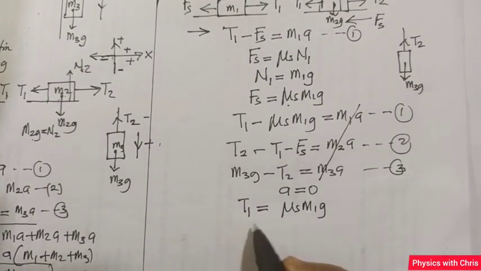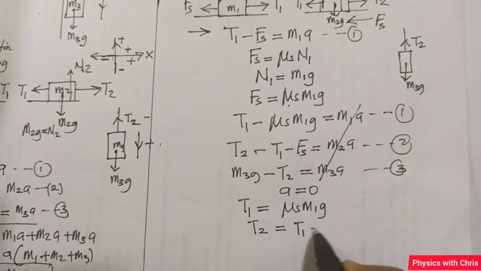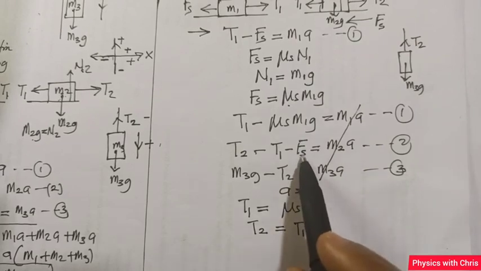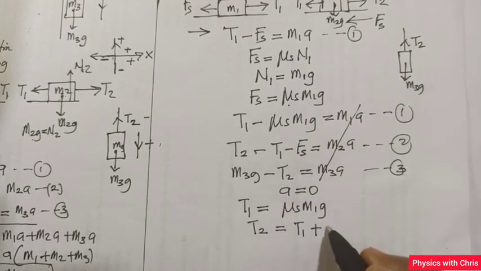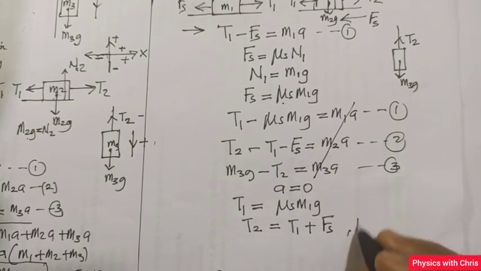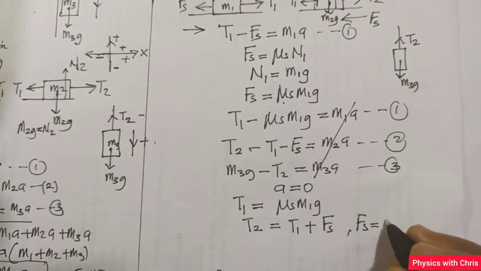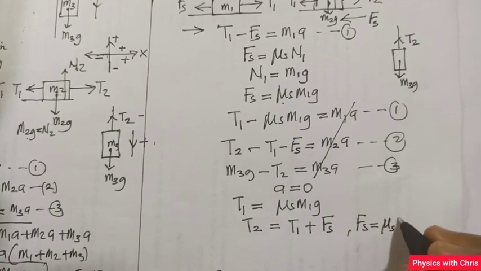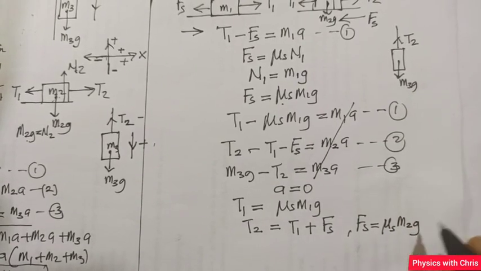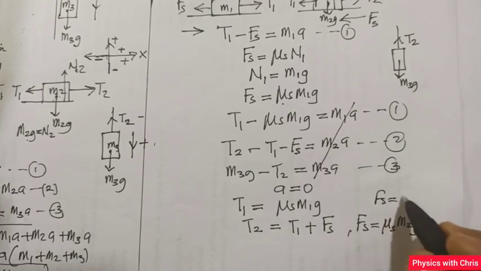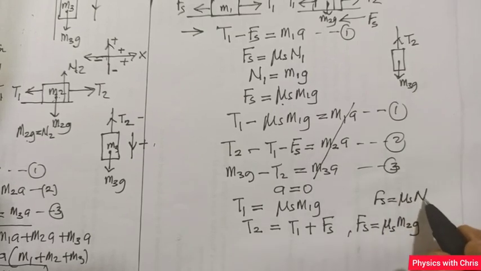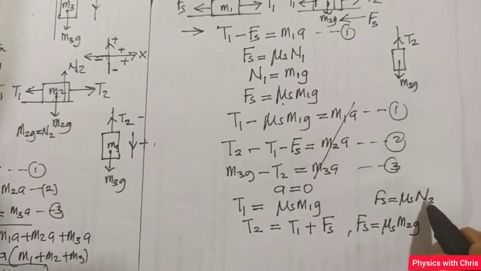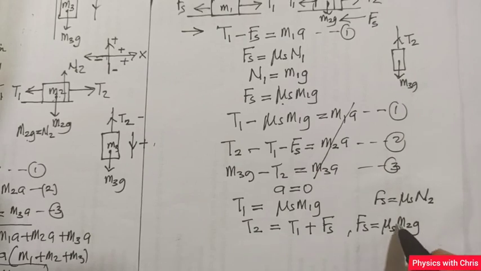And then T2 will be equal to what? T1 plus my Fs, where Fs for the second block is mu s M2G. That is to say Fs was equal to mu s times the normal force, and N2 is M2G.